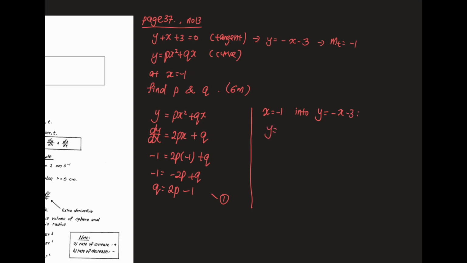Then we get y equal to -1 -3, y equal to -2. So the touching point is (-1, -2), and we can use this point. We substitute this point into the curve. Then we will get another equation so that we can do simultaneous equation afterwards.